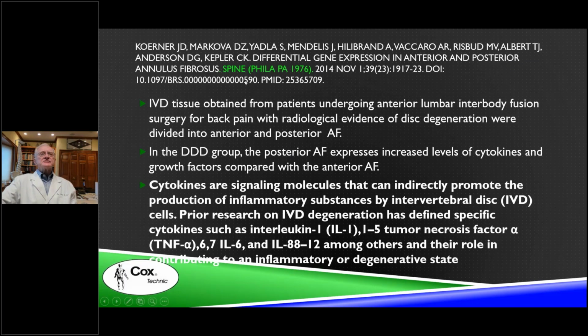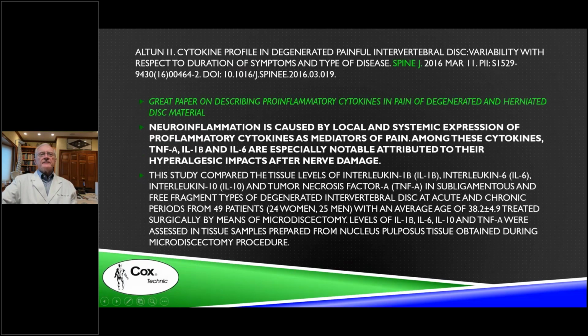And again, here's Corner in Spine Journal writing about these chemical inflammatory agents. What are they again? Interleukin-1, tumor necrosis factor alpha, interleukin-6, interleukin-8, and not shown here is interleukin-18. They create neuroinflammation.